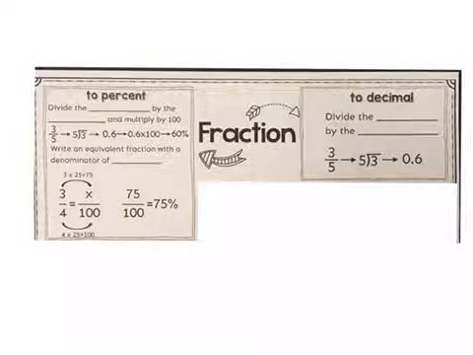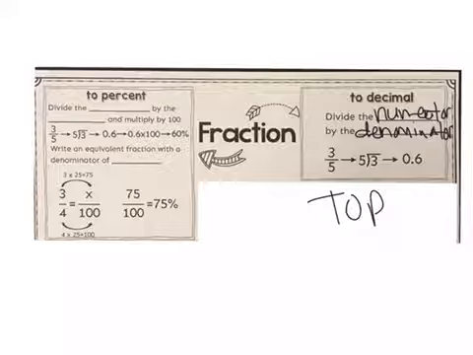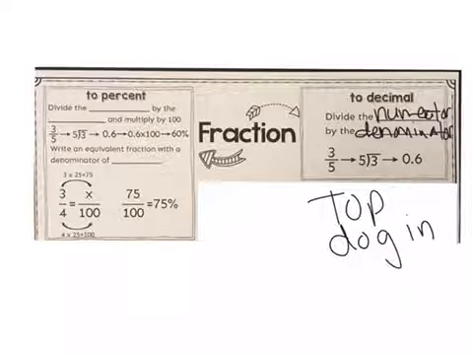So starting out, if you have a fraction, to go to a decimal, you need to divide the numerator by the denominator. I always say top dog in the house.